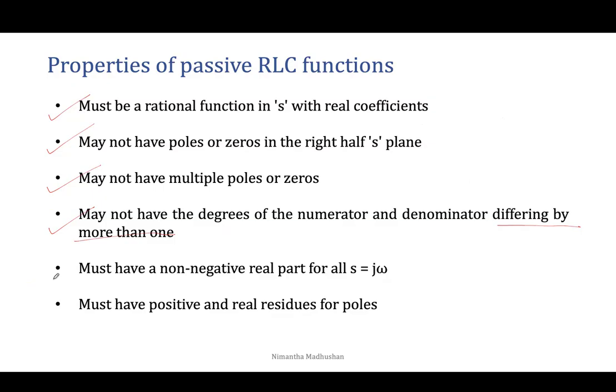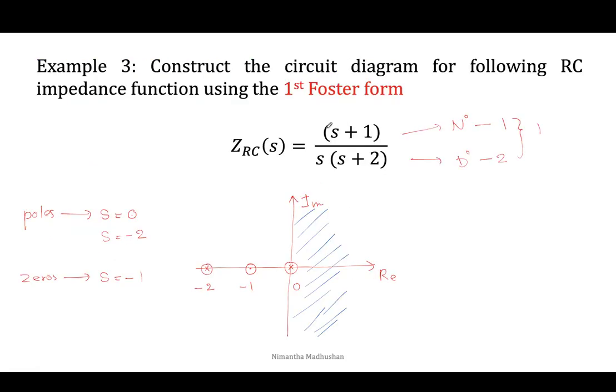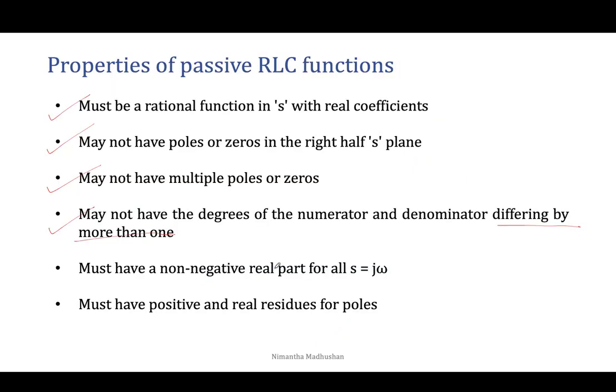And the fifth one is that it must have a non-negative real part for all s equal to j omega. For that, we have to assign s equal to j omega in the function and find the real part. The function is Z_RC(s) = (s + 1) over s times (s + 2).